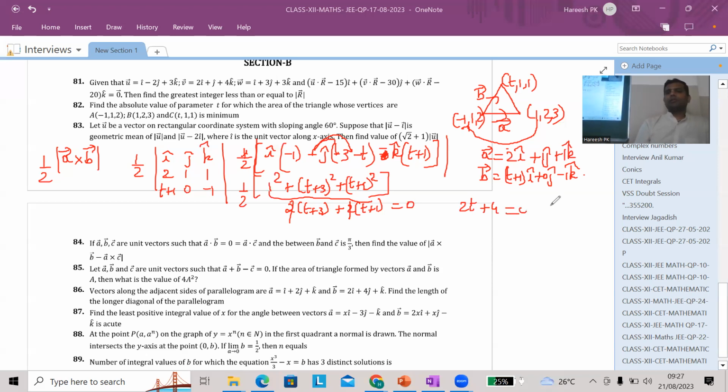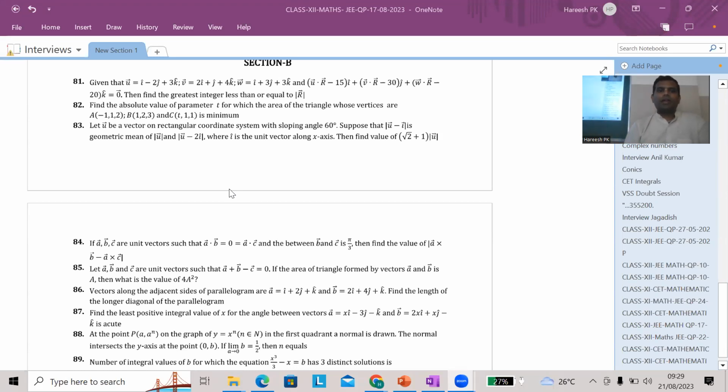So 2t plus 4 is 0. So t is minus 2. Okay, so what they have asked, find the absolute value. Absolute value means mod of minus 2. The answer is 2. We have said absolute value. Any doubts or can we proceed?